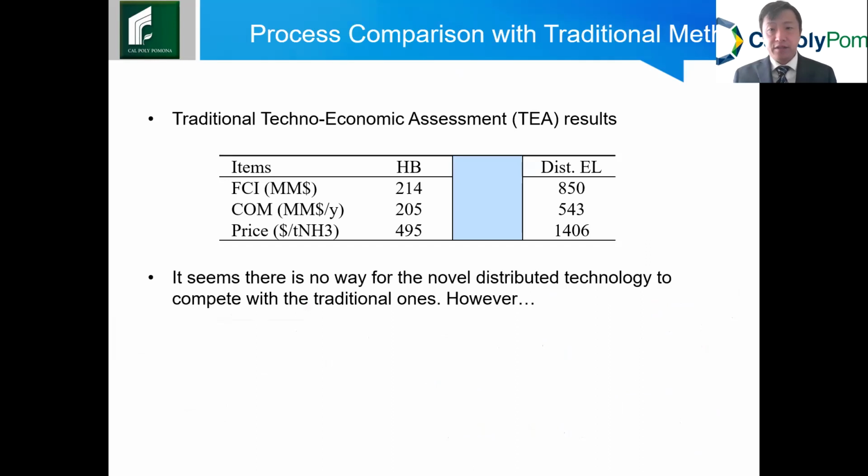So let's take a look at the final result. If we only use the traditional techno-economic assessment, we can see for the traditional Haber-Bosch the break-even price for ammonia is about $500 per ton. And for the distributed new technology, the price is almost 3 times more.